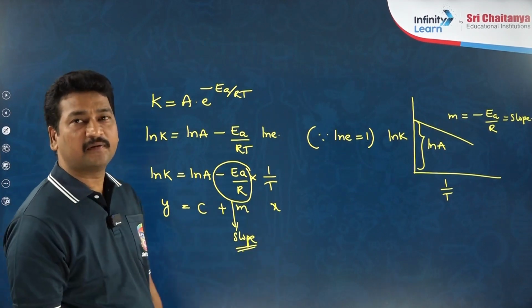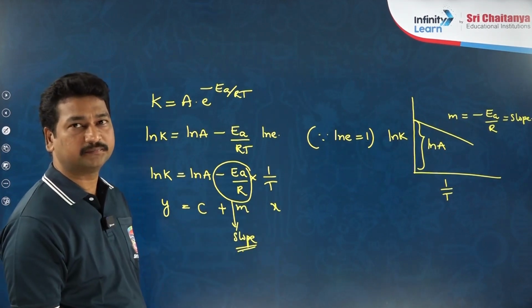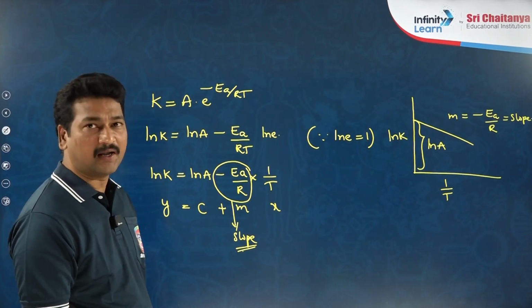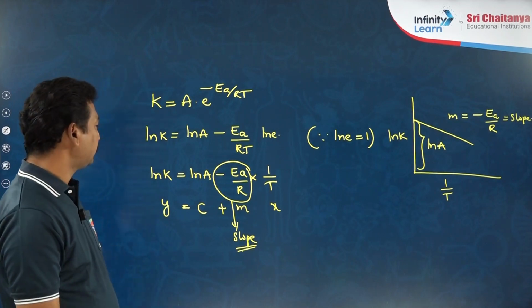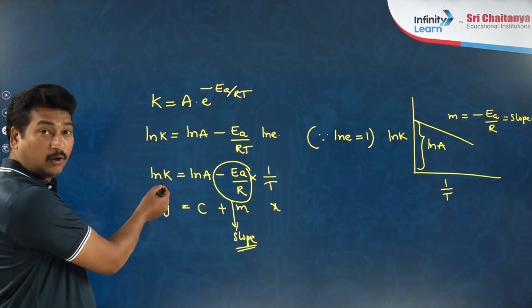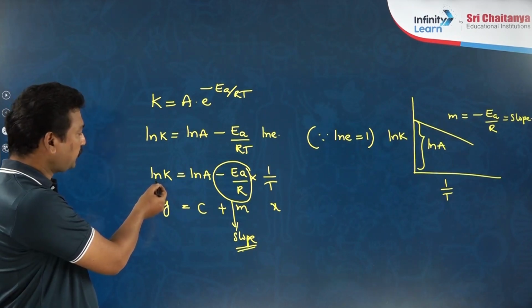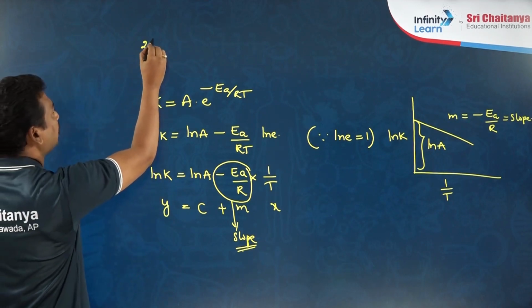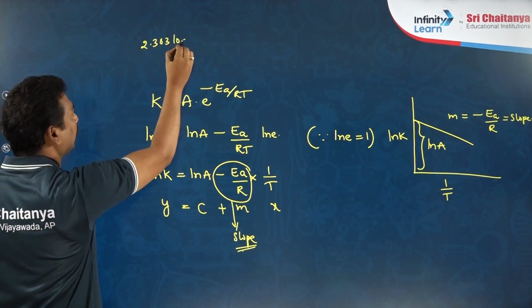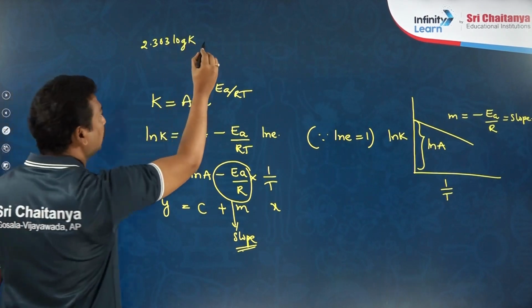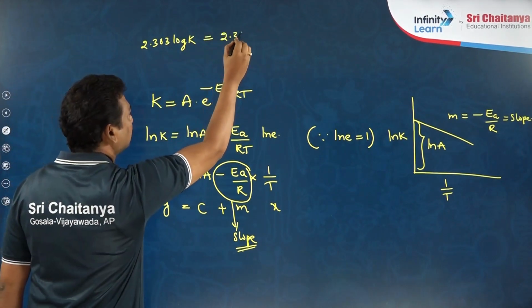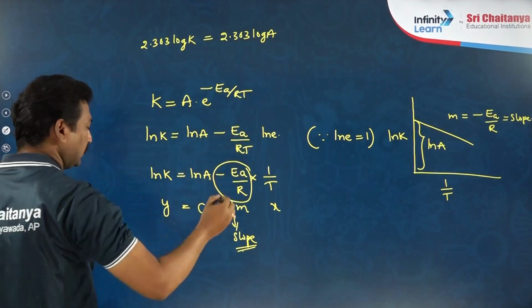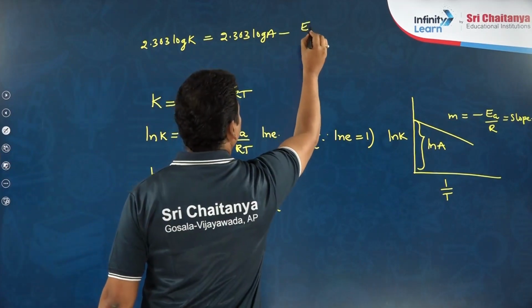From the slope itself, we can calculate the activation energy. Let us see how to calculate the activation energy with this slope. I'll explain. Okay, my dear students, converting the exponential logarithms into normal logarithms, this can be 2.303 into log k is equal to 2.303 into log A minus EA by RT.